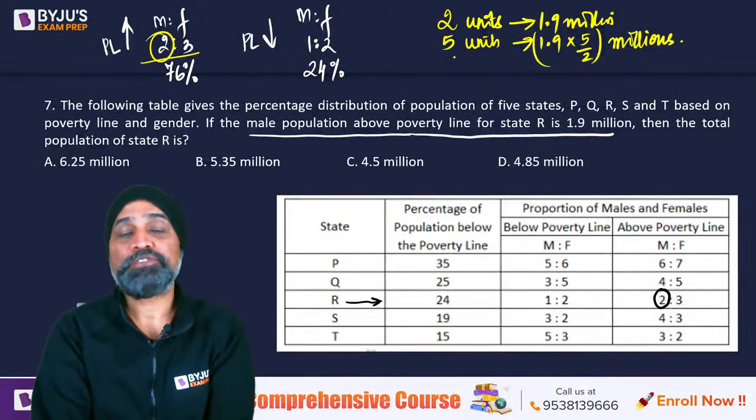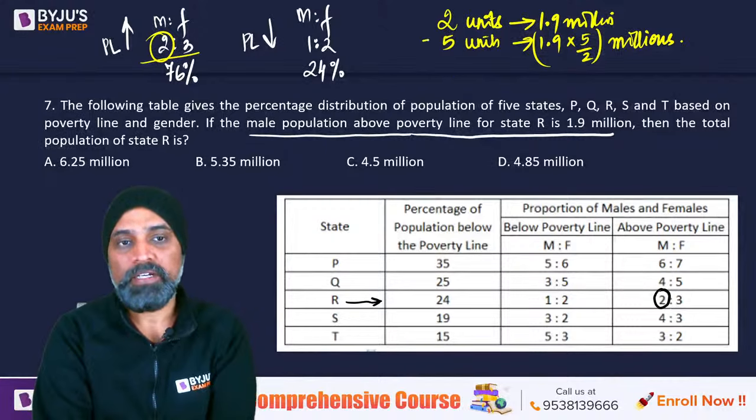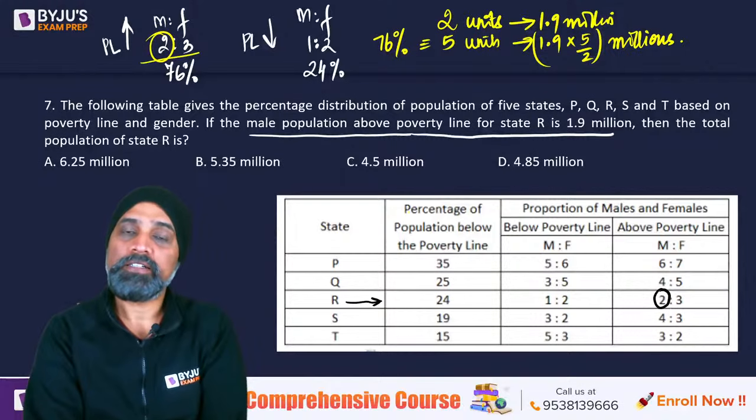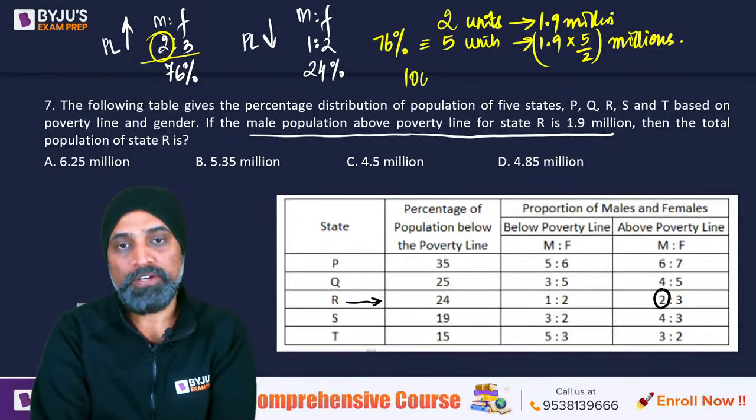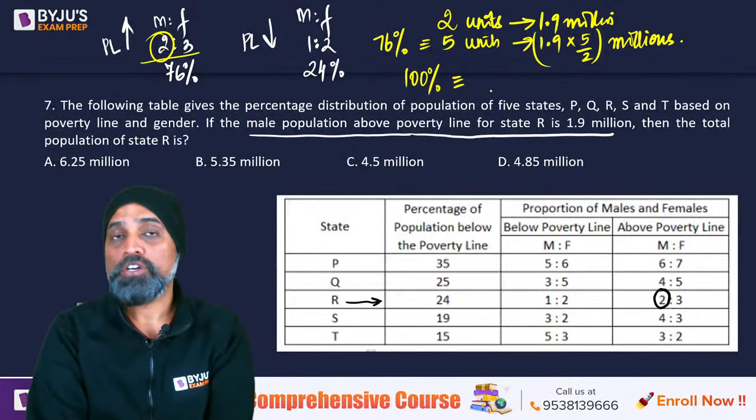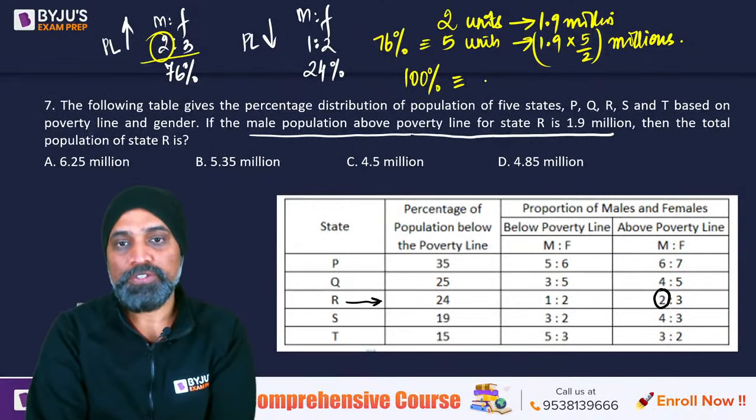Now these 5 units are nothing but 76% of the total population of state R. So if 76% denotes this much, what does 100% denote? 100% is going to denote 1.9 into 5/2 into 100 by 76.